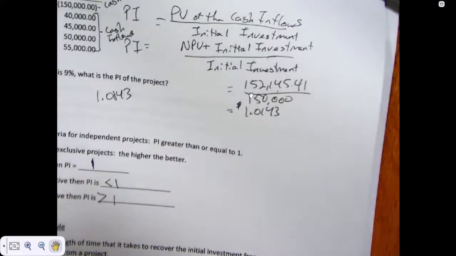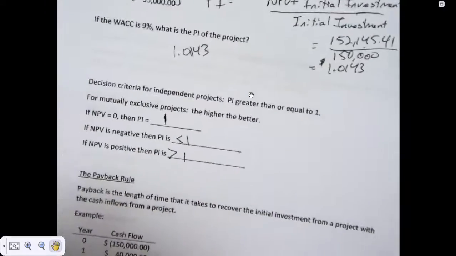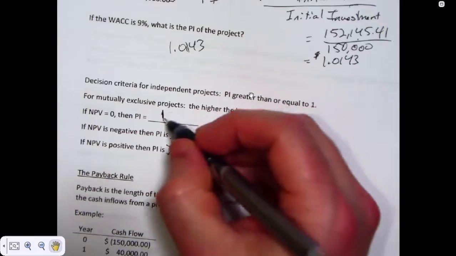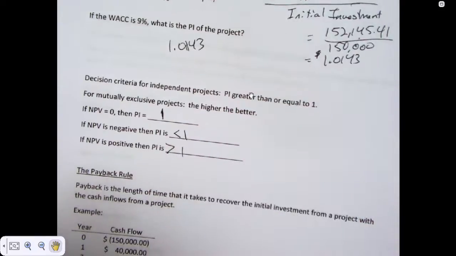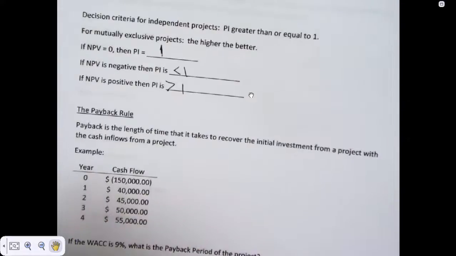So our last decision criteria that we're going to look at is the payback rule. The payback is the length of time it takes to recover the initial investment from a project with the cash inflows from a project. Financial calculators will calculate payback. I typically don't use the financial calculators to do that because it's different for every calculator. It's pretty straightforward how to calculate it. There's no discounting involved, no interest rates involved.